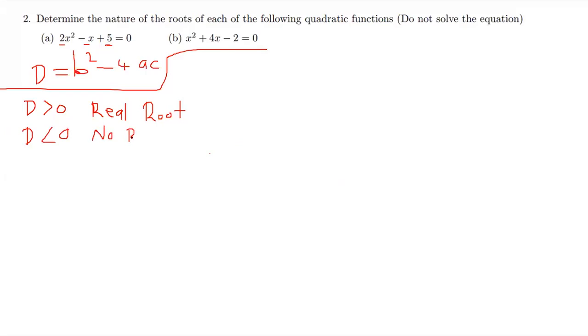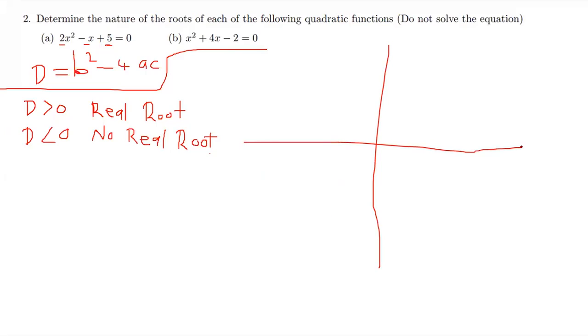If D is less than 0, it means that it has no real roots. What does that mean? It means that a given quadratic expression does not cut the x-axis at any point.